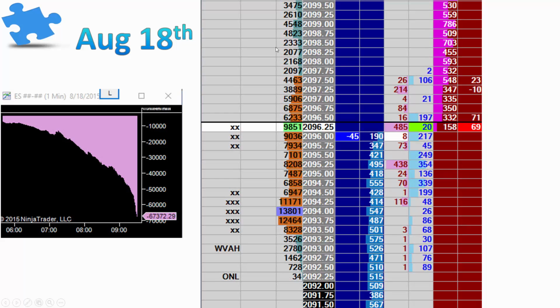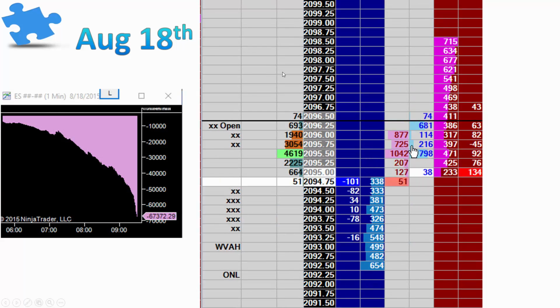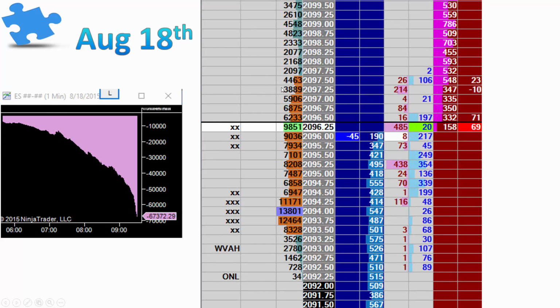Okay, just one more. Now this was an interesting day because, despite the low volume into the open, this is just a few seconds before the open, we're 67,000 contracts below average, but we do actually, which is rarer for a low volume day, clearly have an area of high volume here, 93.50 to 94.25 or 94.50.